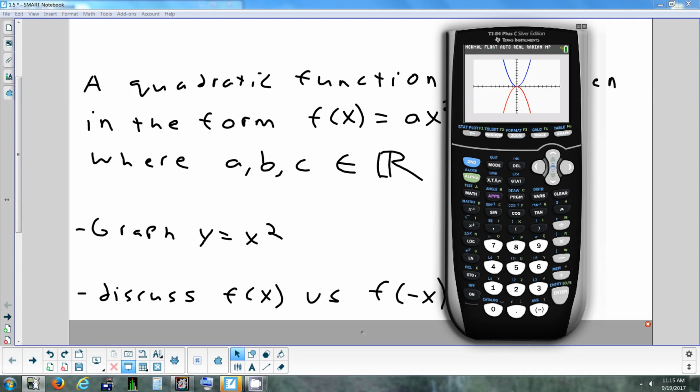Did I put it in parentheses? Oops. I put it in parentheses, but I put a little too much in parentheses. So if you do it the way that I did it, somebody that talked about flipping it, you get a flip. What I meant to do was that. Just change the x to negative x.